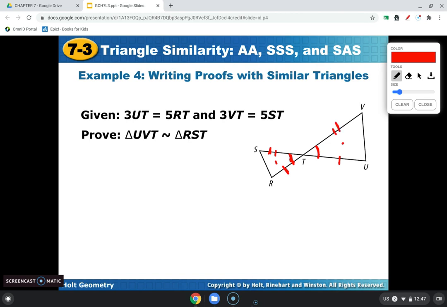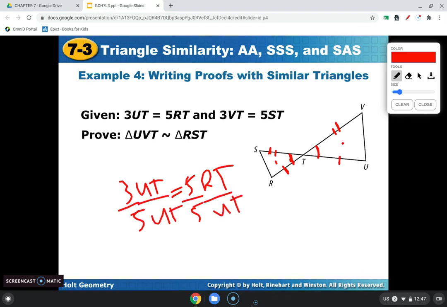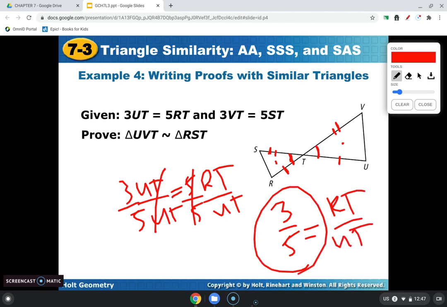So when you set these up, you want to go 3UT equals 5RT. Well, I want to get the numbers on one side and the letters on the other. So that would cancel and that would cancel. So 3/5 equals RT over UT. So that's my similarity ratio.